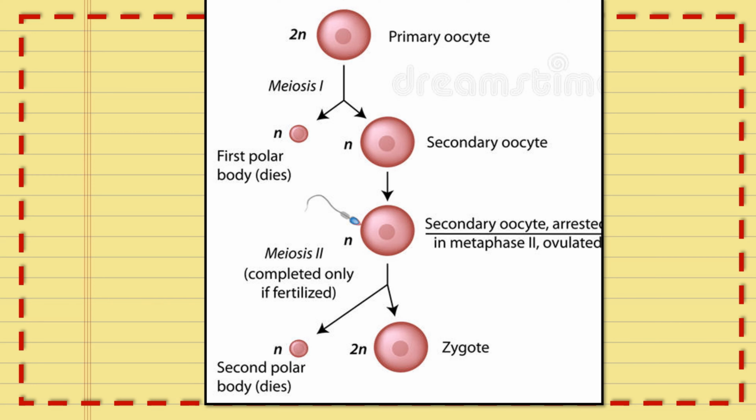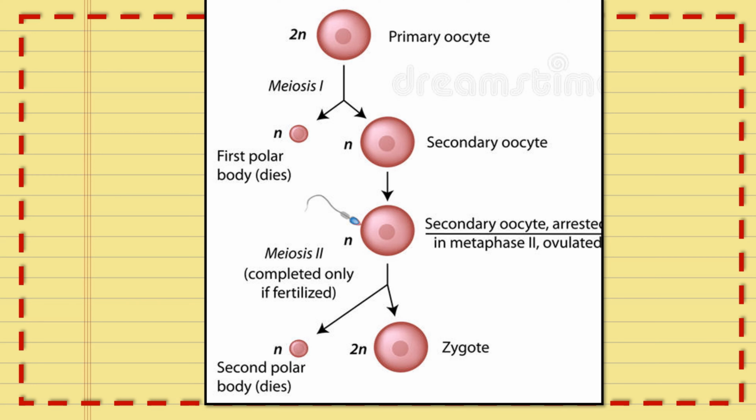The secondary oocyte will enter meiosis II to produce 1 egg cell and another polar body. The first polar body produced in meiosis I divides to form 2 polar bodies and cannot be fertilized by a sperm. Thus, each cycle of oogenesis produces 1 egg cell and 3 polar bodies, all from 1 oogonium.